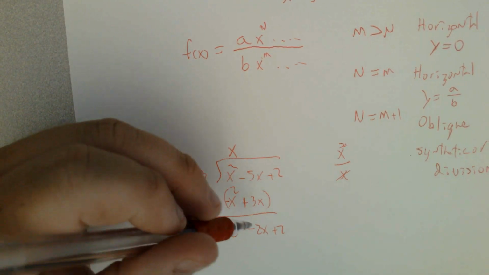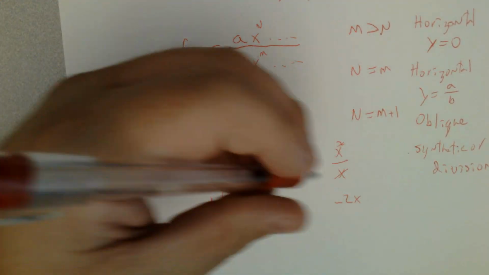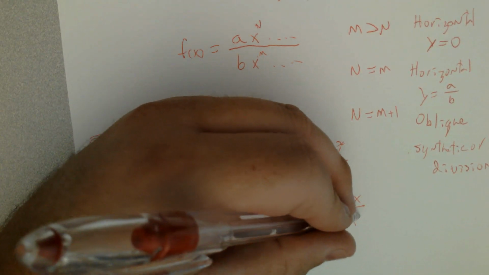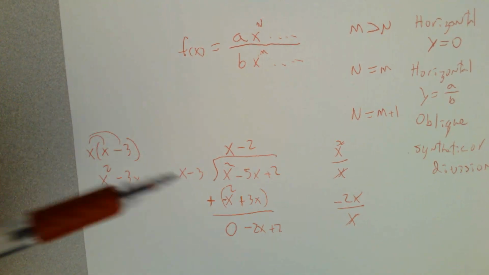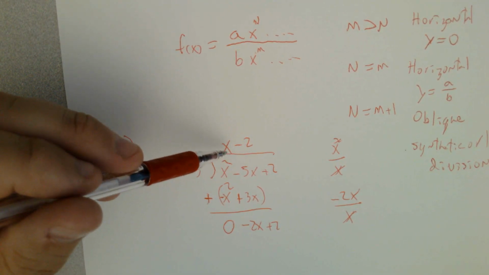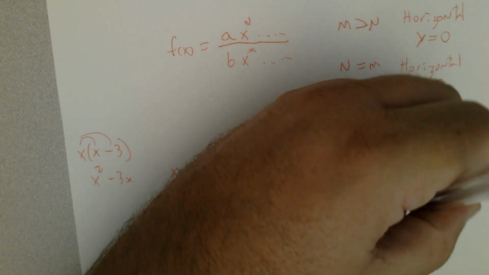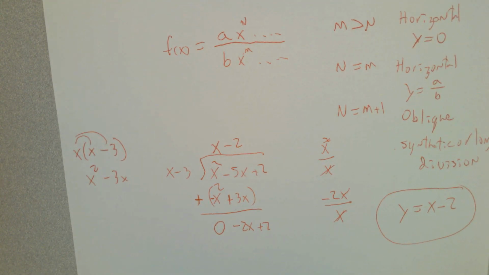For the next step, we're going to take this negative 2x and again divide it by the x over here. The x's cancel, leaving us with negative 2. So at this point, we have the equation of our oblique asymptote. It's going to be y equals x minus 2. So that will be our oblique asymptote for this problem.